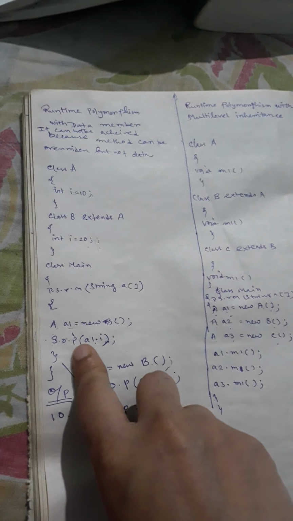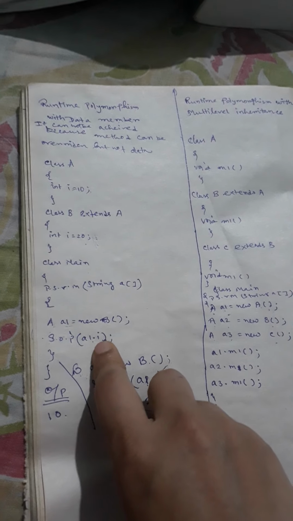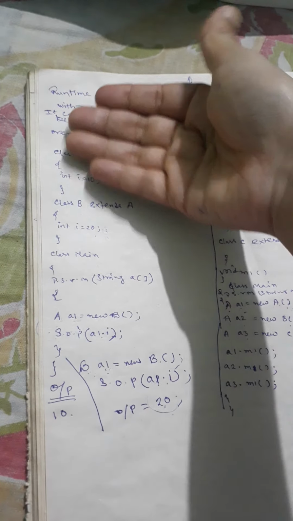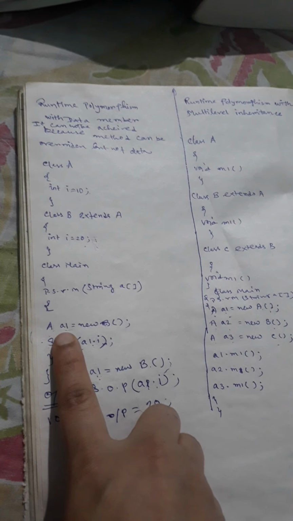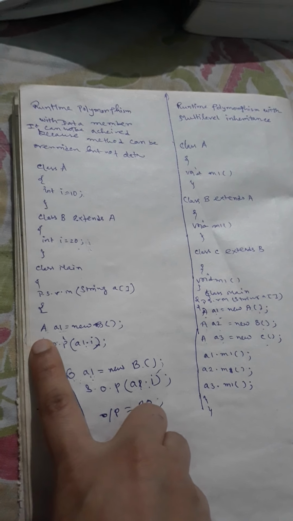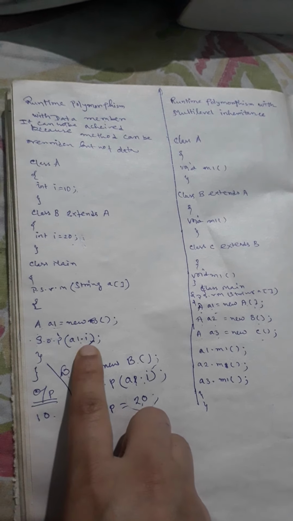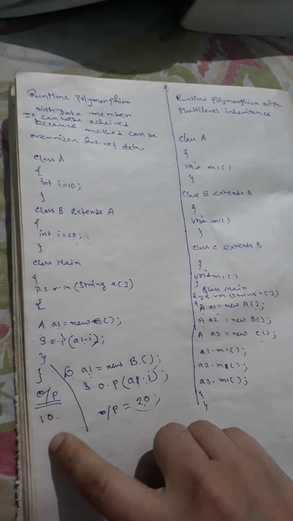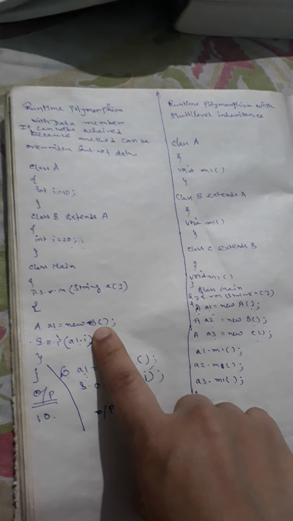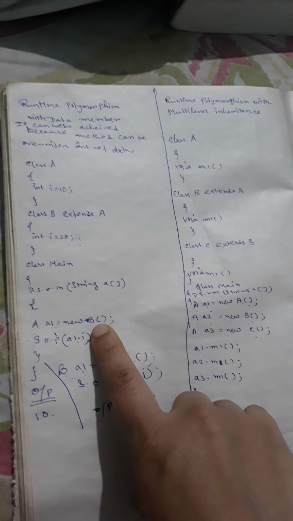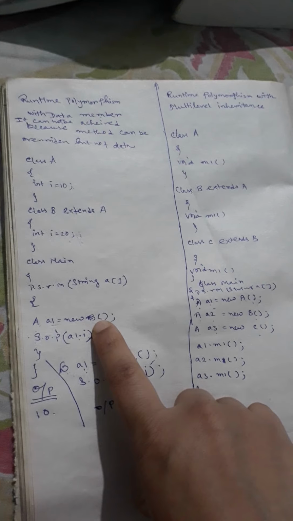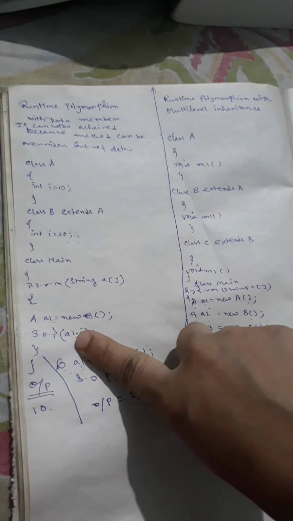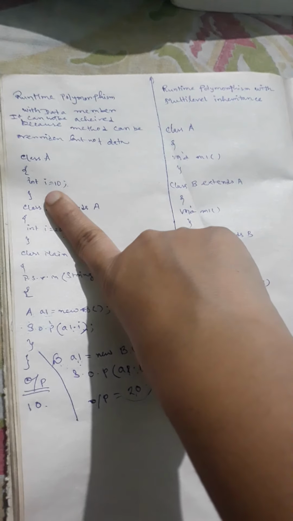So it will print the parent class value because the starting part or reference variable is of class A. So reference variable dot i will give the output 10 because overriding does not happen. Child B is not called, so the output will be 10.